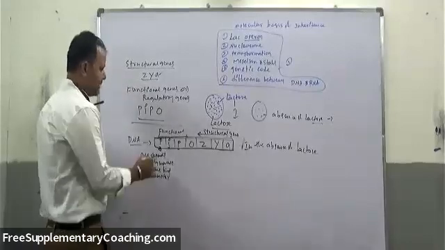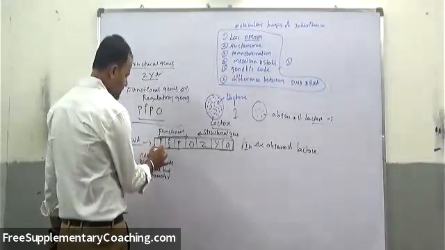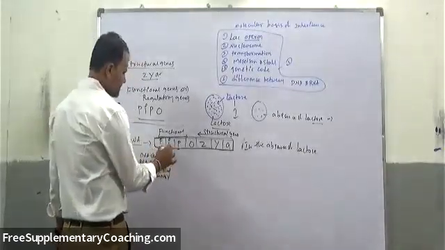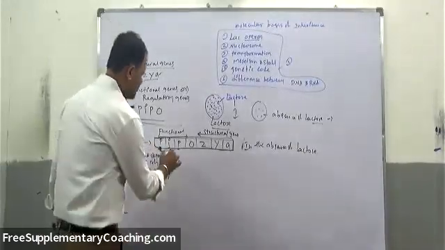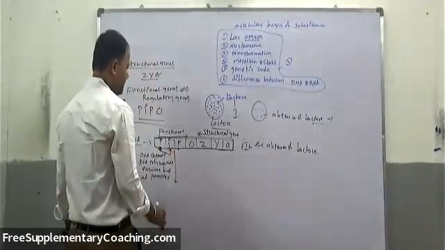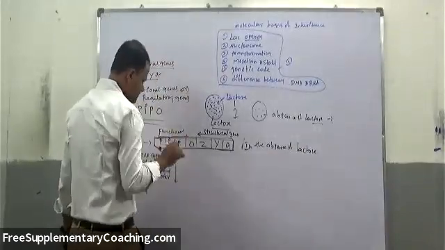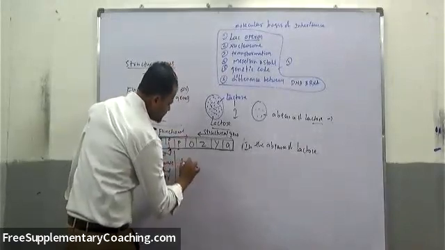Now what happens? The enzyme shifts from the promoter region to the inhibitor region. In the inhibitor region, the DNA-dependent RNA polymerase enzyme undergoes transcription.